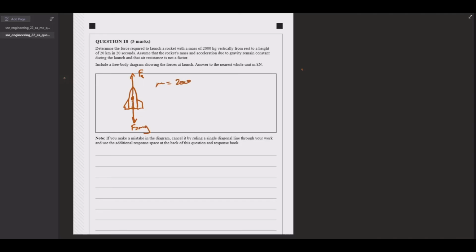Mass is 2,000 kilograms, from rest to 20 kilometers, so say displacement is 20,000 and 20 seconds. Okay, so we assume the rocket's mass stays constant.